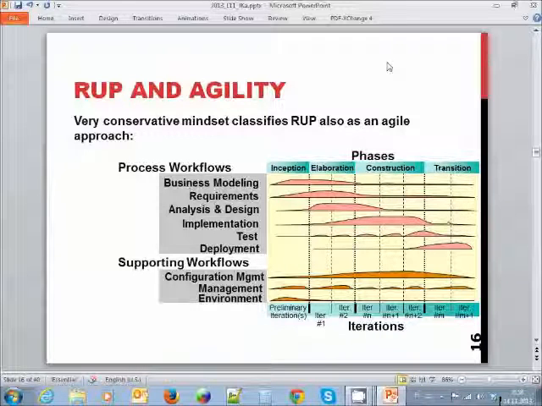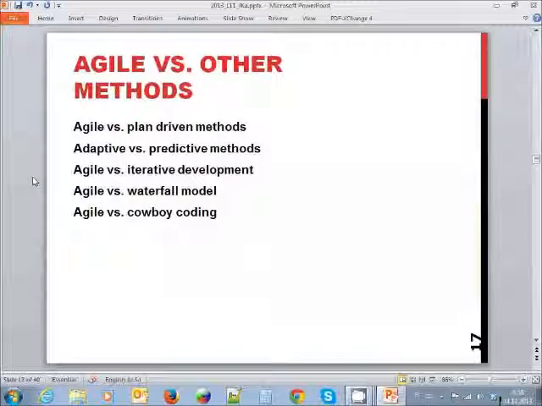But still, the agile approaches aren't some dark arts or black magic. It's just a way of thinking.